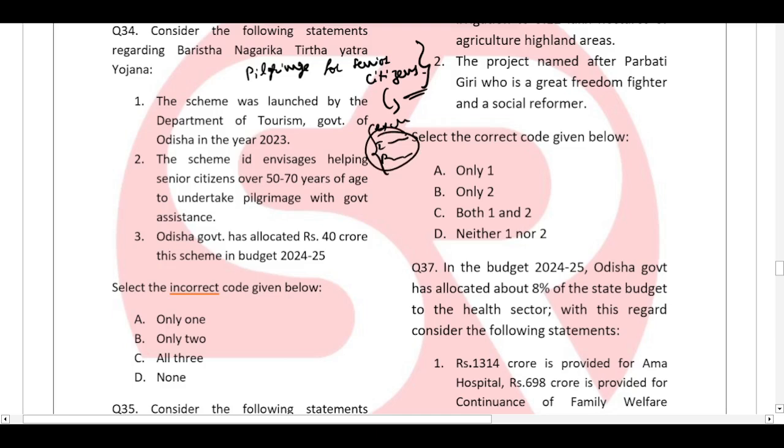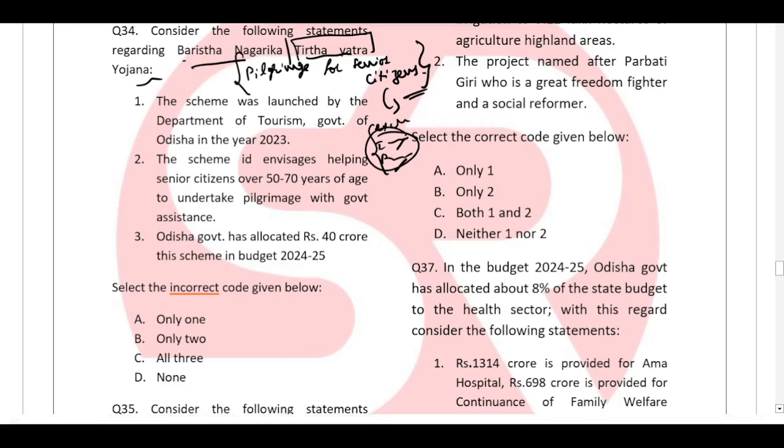Hence, except the income tax payers and the retired government employees, all other senior citizens could avail this scheme called the Barista Nagarika Tirtha Yatra Yojana. The scheme itself says Barista Nagarika, senior citizens, Tirtha Yatra Yojana, to visit the pilgrimage center. Tirtha Yatra is going on a pilgrimage to a religious center. So let us look at the options.